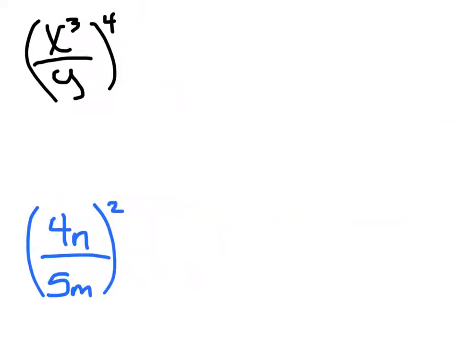Okay, our last rule is a quotient raised to a power. And you might already be able to guess how this one works. We're going to distribute this exponent, the 4, right here and right here. Now, you might remember that these have to be multiplied together.